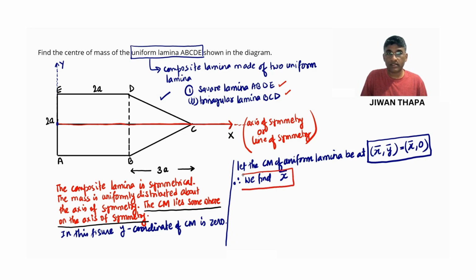Now, before going into the calculation, let us suppose rho is the mass per unit area of the lamina.